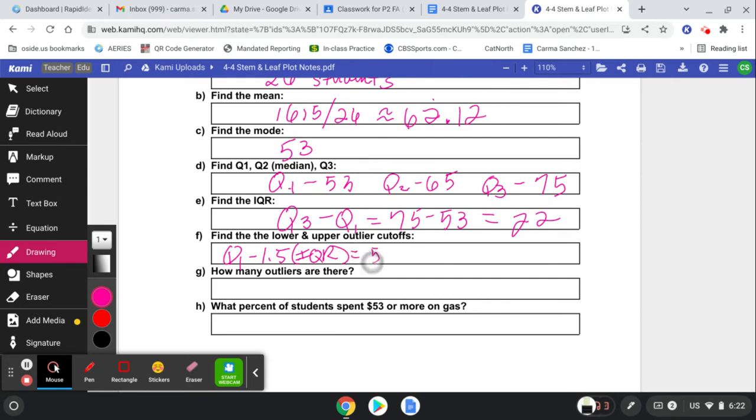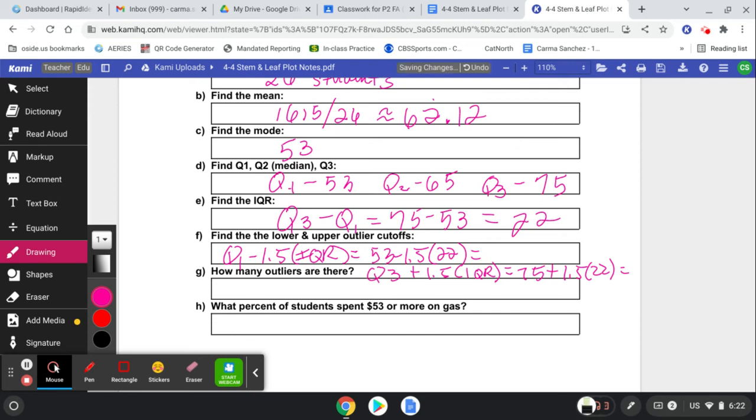So that's going to be 53 minus 1.5 times 22. And then Q3 plus 1.5 times the IQR is going to be 75 plus 1.5 of 22.